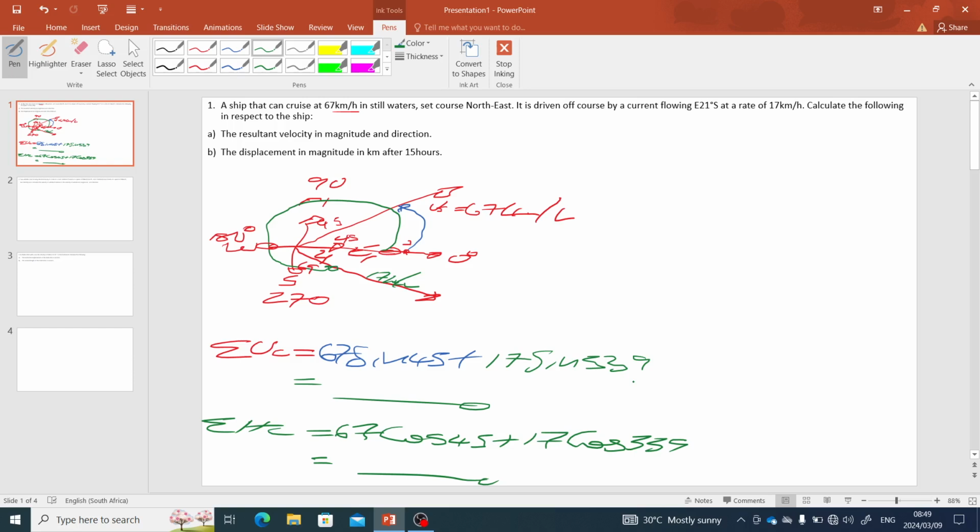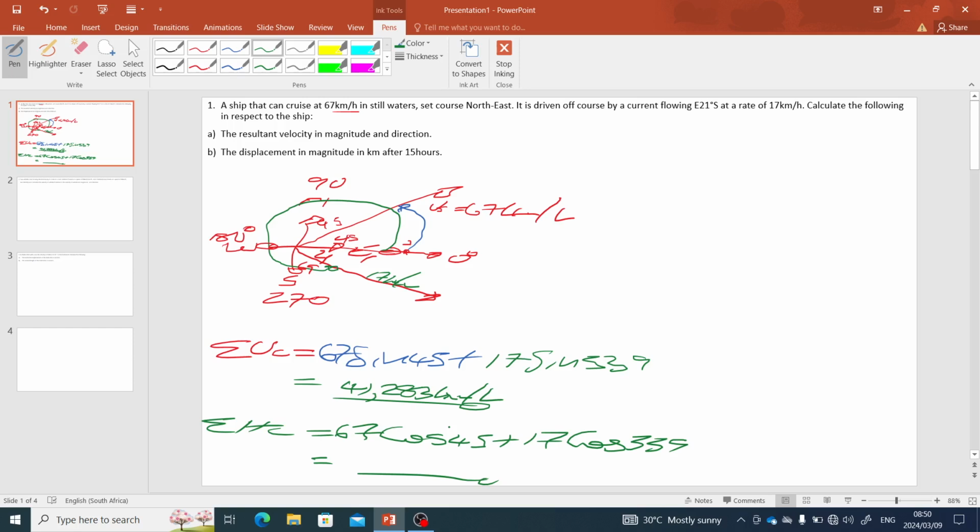Then our components would be 67 sine 45 plus open bracket 17 sine 339 close. Then I get my vertical component and it's a positive one. The coefficient of it is positive. I get it as 41,283 kilometers per hour.